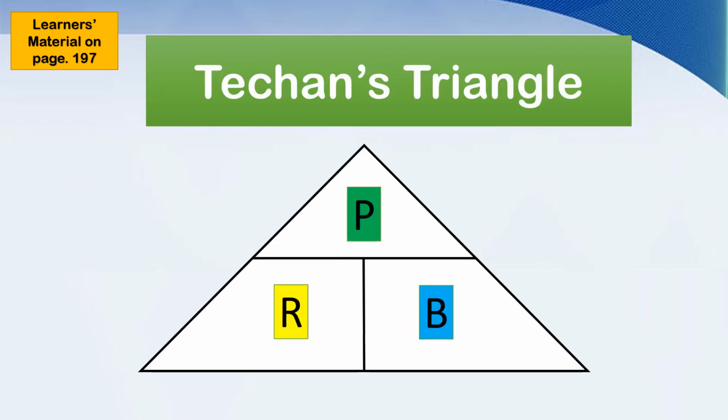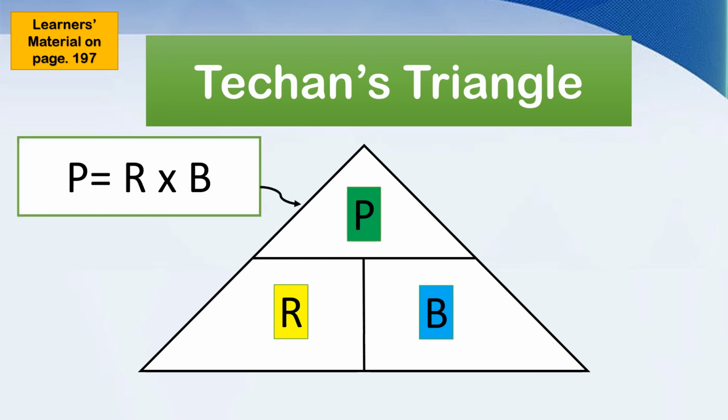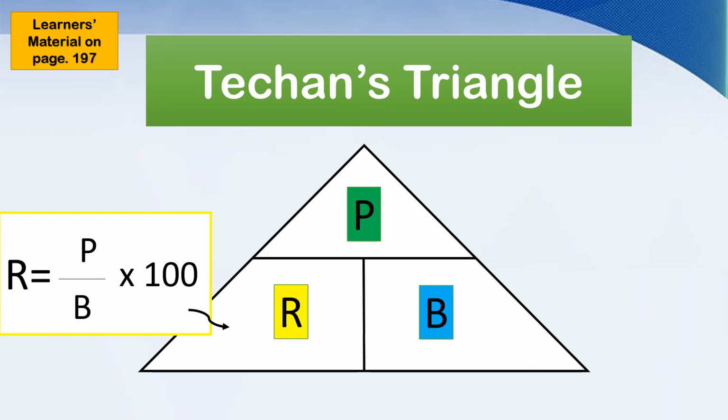We may also use Tetcham's triangle, which is a strategy to remember the formula in solving problems involving percent. The percentage is on top, meaning percentage is equal to rate times base, or P is equal to R times B. Rate is percentage divided by base multiplied by 100, or R is equal to P over B times 100.